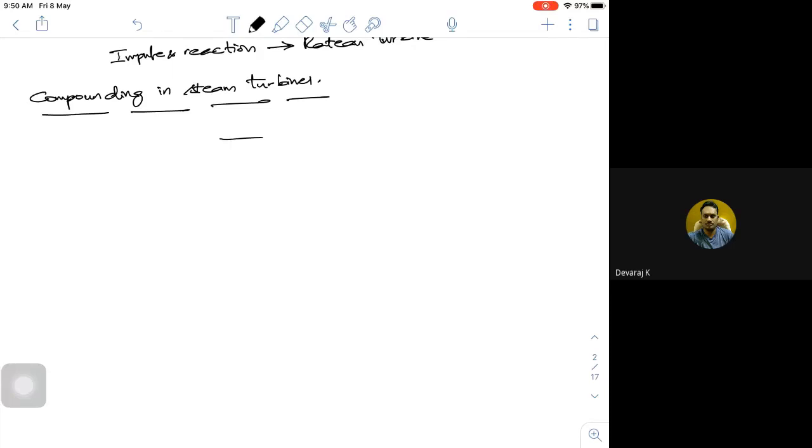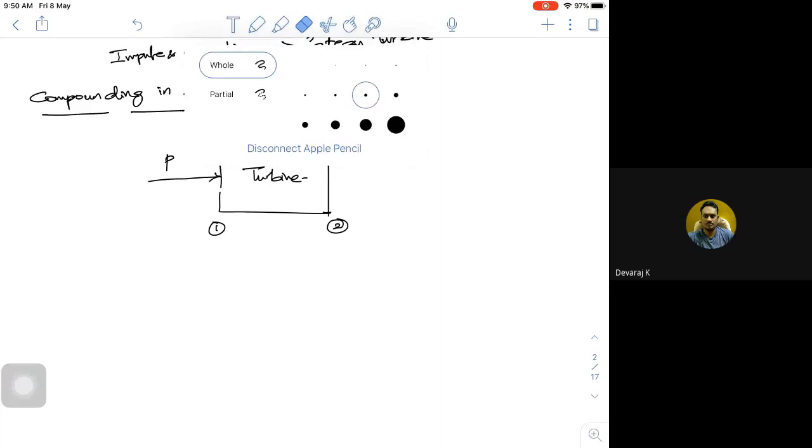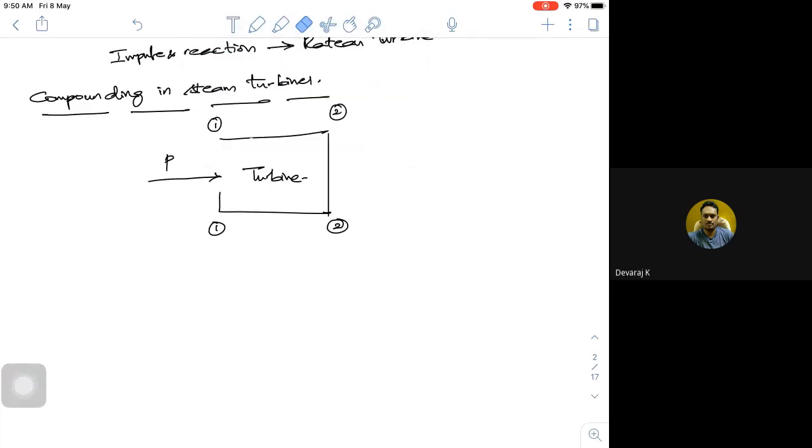So this is a turbine, and steam enters at a very high pressure. Let me call that 1, 1, 2, 2. This is a turbine, an expansion type. Let me write the proper symbol. That's better.